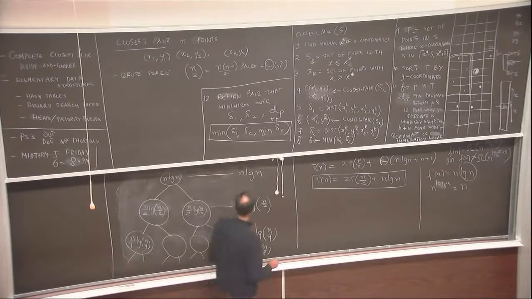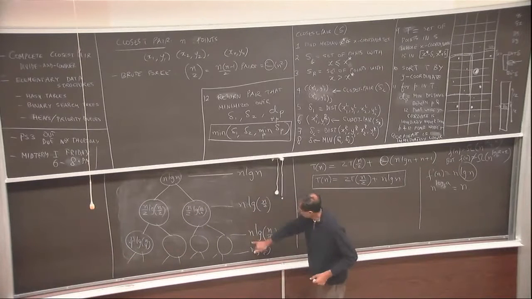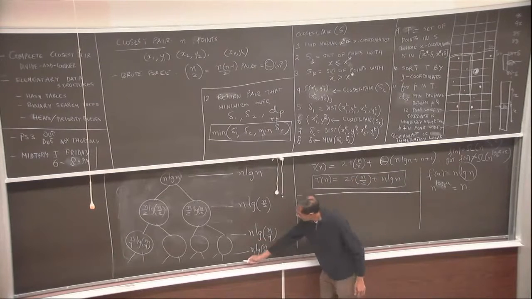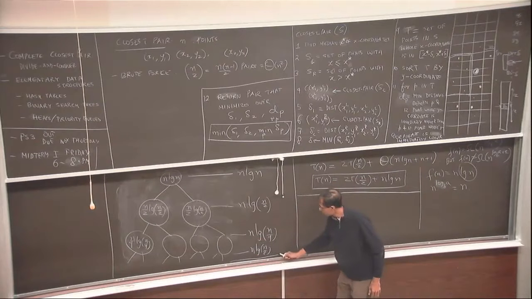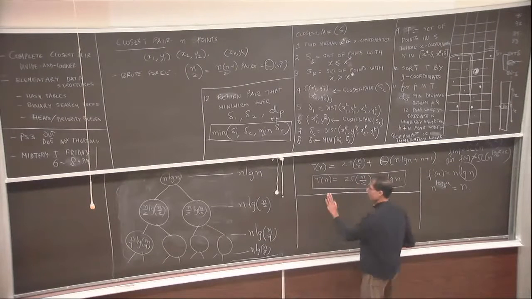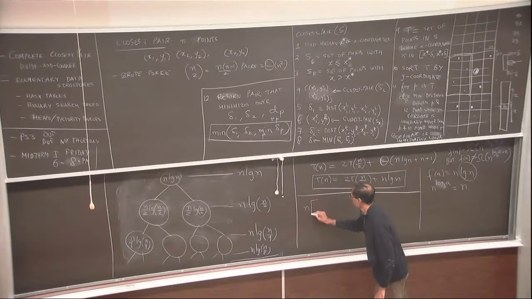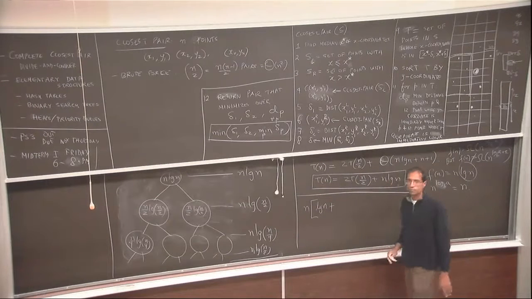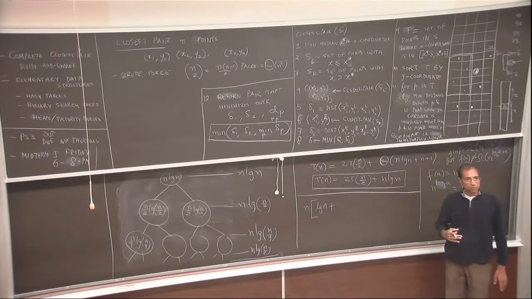So you have n everywhere. So let's keep going. I want to write down here n times, what's the first term? Log n. What's the second term? Log of n by 2. Can you simplify that?